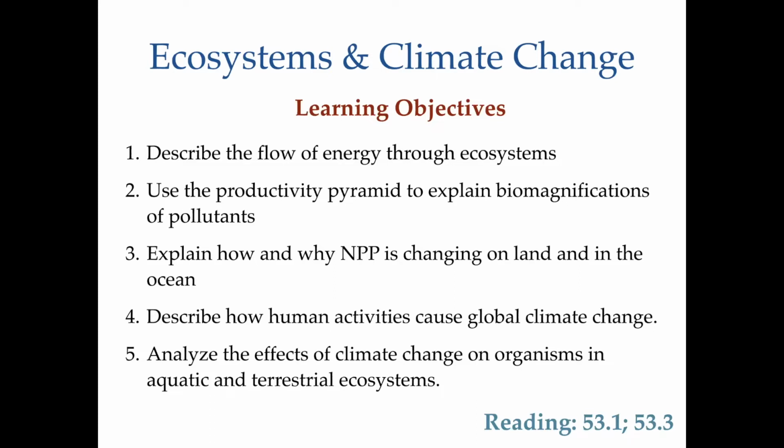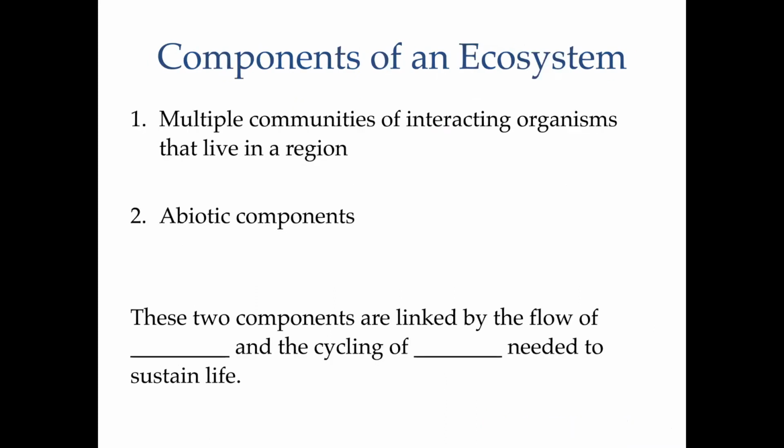We are going to work a lot with net primary productivity, and that is also going to link to our global climate change, because we can study climate change based on how humans are changing the use of net primary productivity. And then we're going to see the effects of climate change on organisms and different ecosystems.